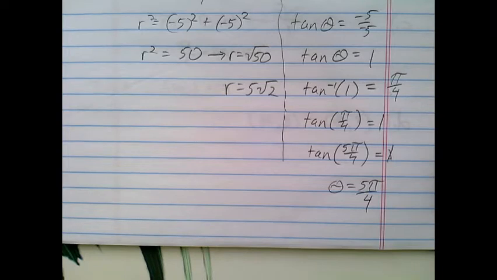So here was our point, -5, -5. Oops, -5. Okay, I can see it down there in quadrant 3. But the polar coordinates clearly are not pi over 4. That would be up here. They're 180 degrees off. 5 pi over 4.